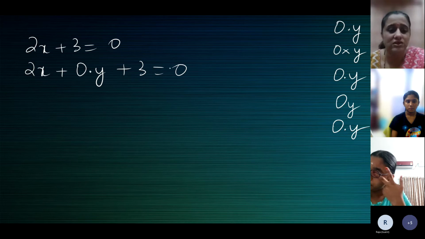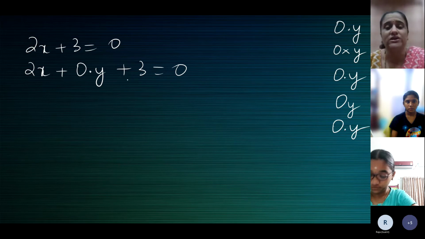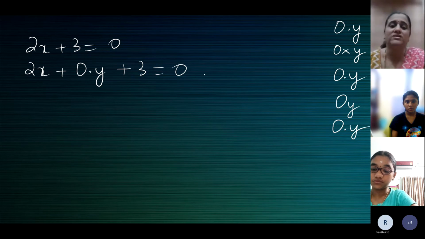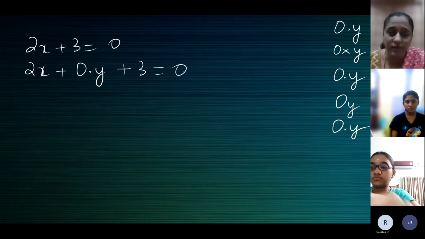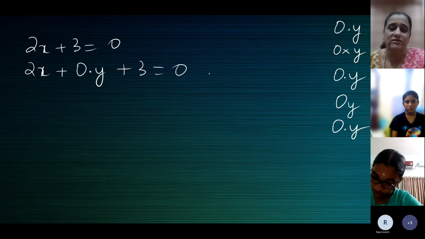Now you can see that this equation has two variables x and y. This equation, which is an equation in two variables x and y, has infinitely many solutions. Because when you represent this geometrically, a linear equation in two variables x and y is represented by a straight line in the Cartesian plane.